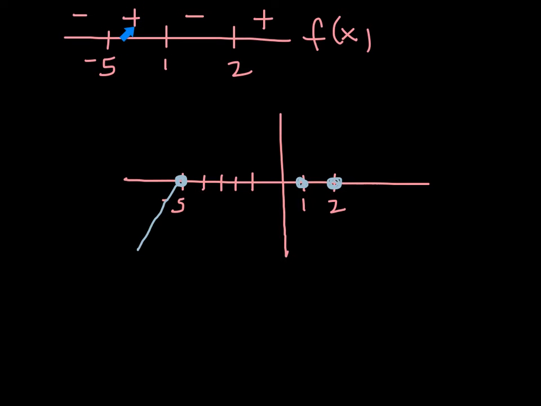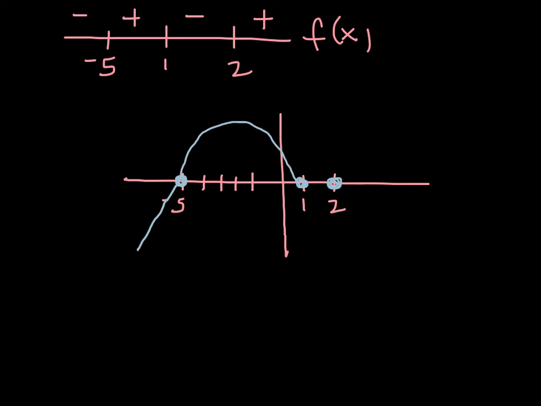So basically what that's telling us is that the function will be above the x-axis between negative 5 and positive 1. So then what we're going to do is our graph will look maybe something like that.